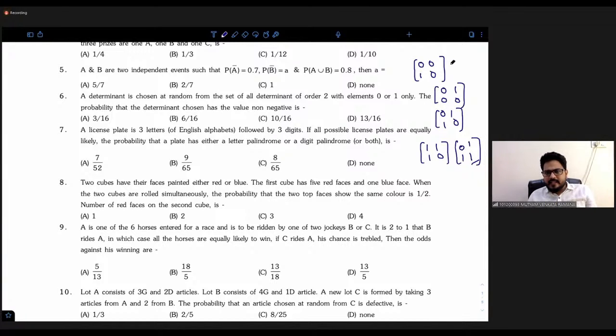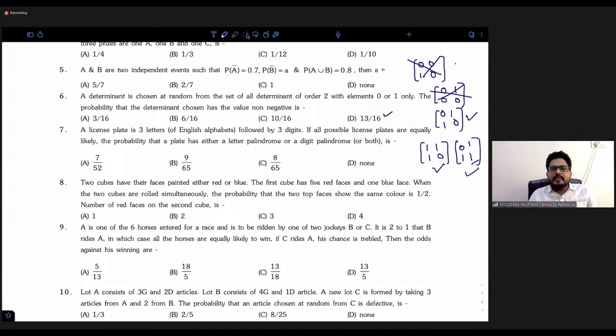I'm writing this determinant is 0, so you will not take this one. This determinant is negative. So these three need to be eliminated. So you will be getting 13 by 16.